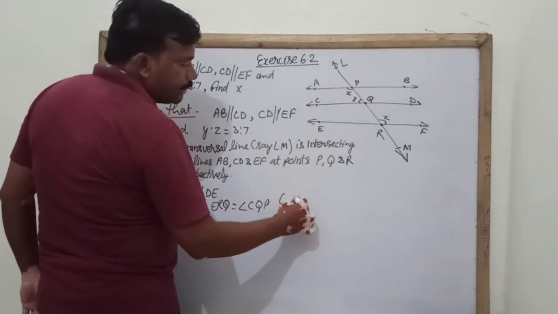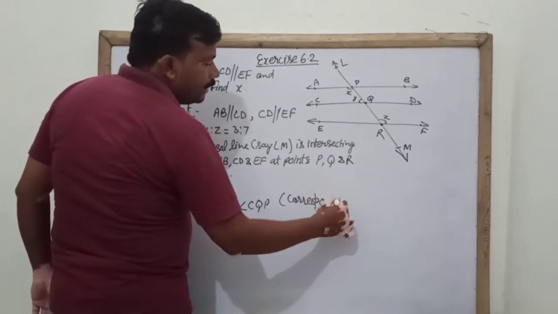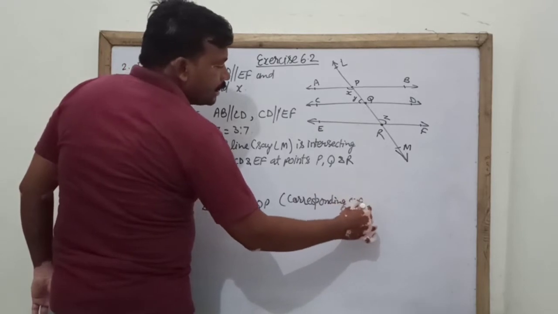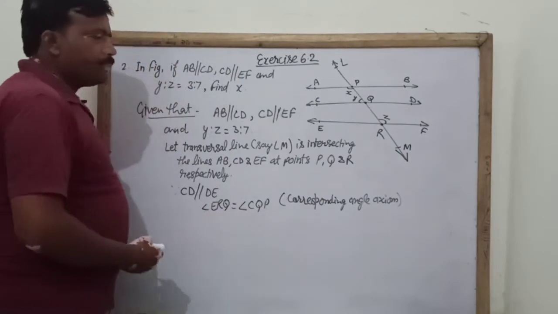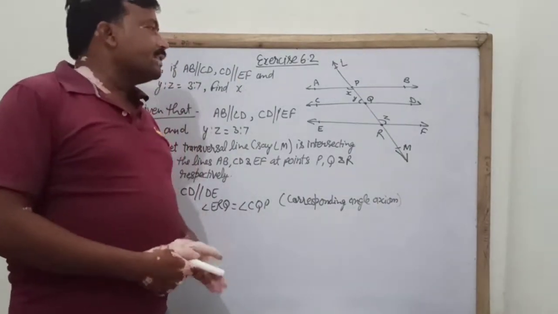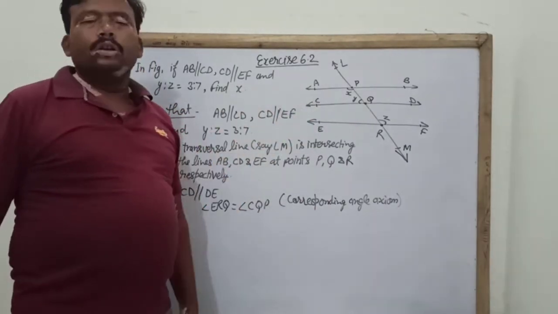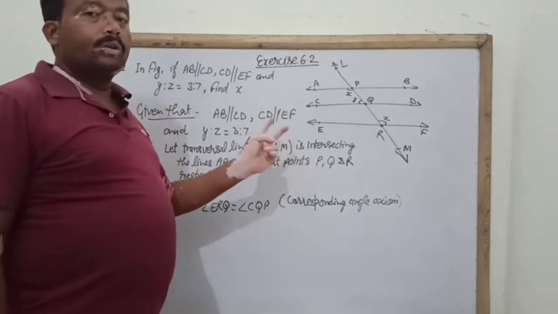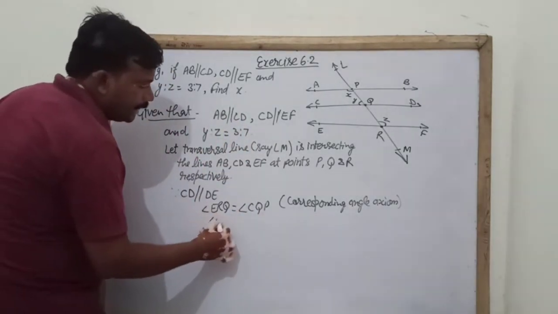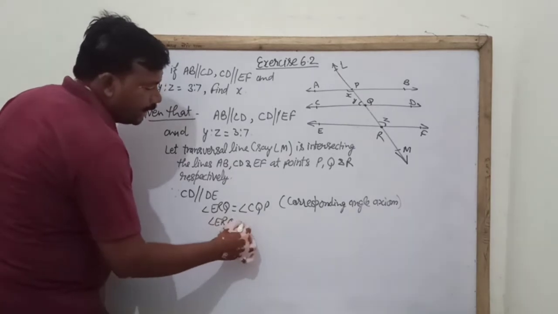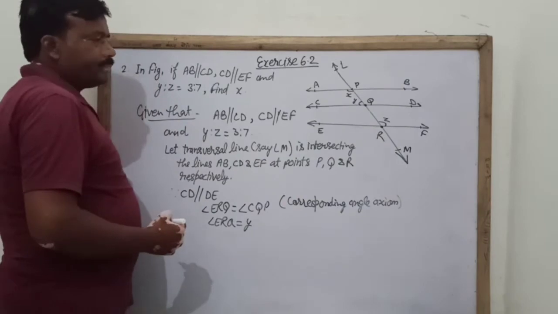These are corresponding angles. We can write it through corresponding angles axiom, means if a transversal line intersects two parallel lines, then corresponding angles are equal. So corresponding angles are equal, then we can write angle ERQ equal, this angle is equal to Y, so Y.